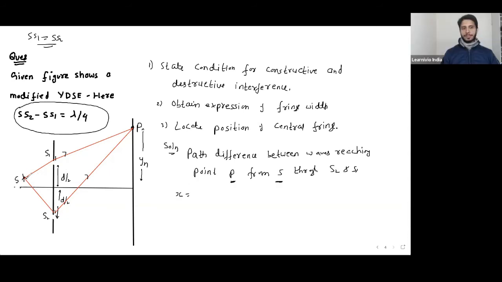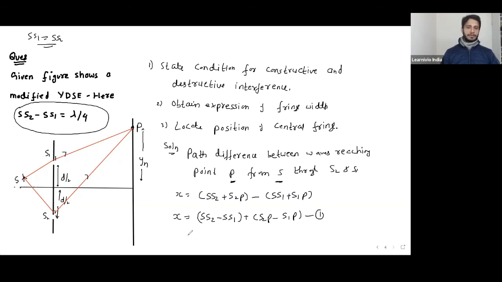The total path that this wave is covering while moving to point P through S2 is SS2 plus S2P. Similarly, the path that this wave is covering to travel up to P is SS1 plus S1P. So the path difference you can write as SS2 minus SS1 plus S2P minus S1P. I call this equation number 1.